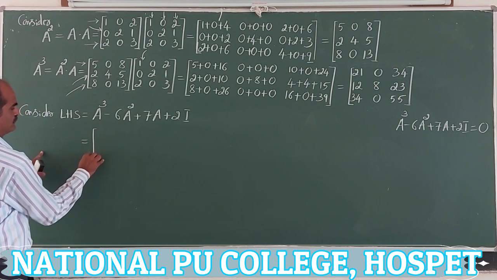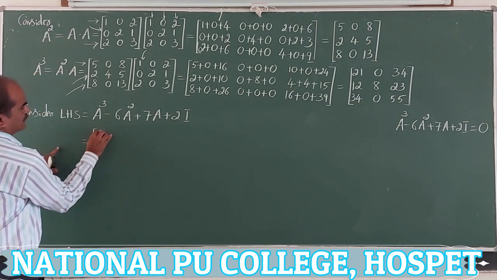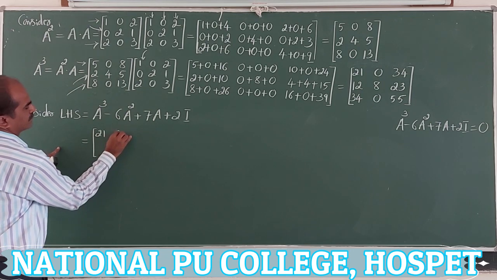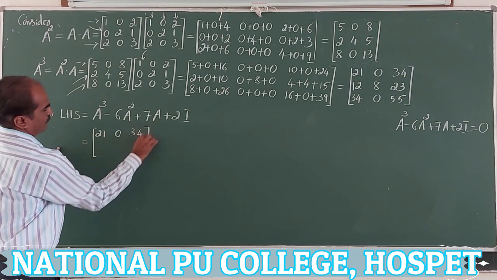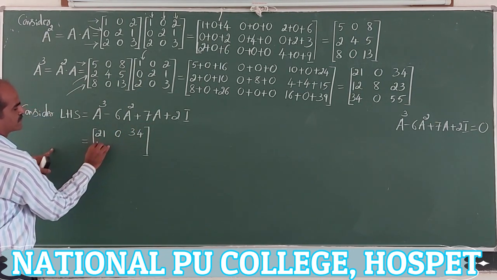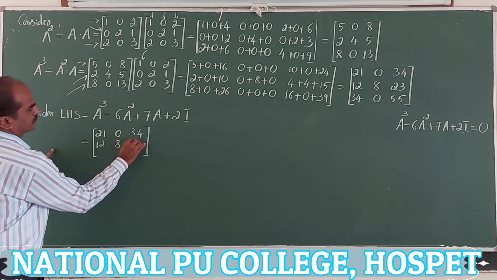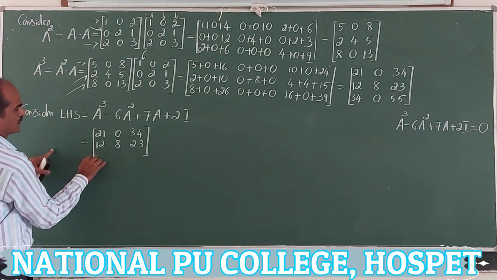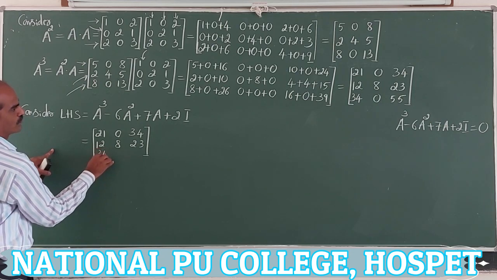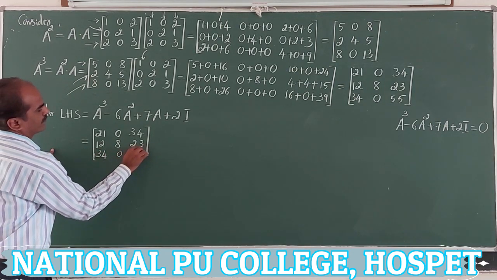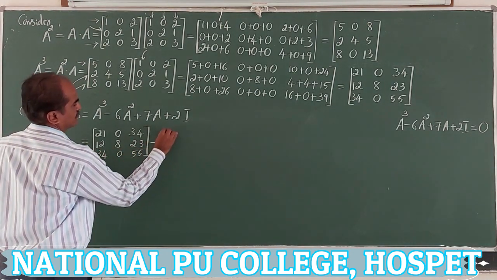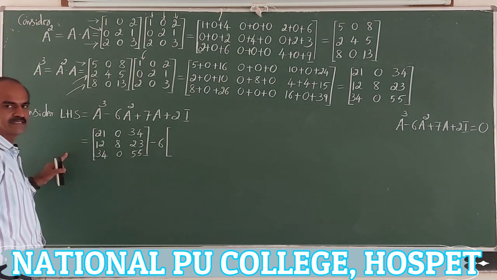A cube, just now we determined: first row elements 21, 0, 34, second row elements 12, 8, 23, third row elements 34, 0, 55, minus 6 times of A square matrix.